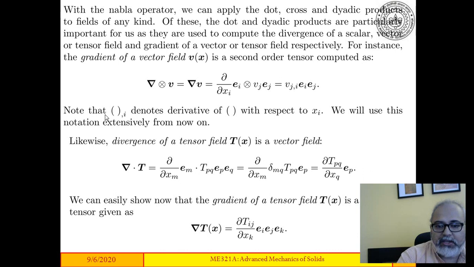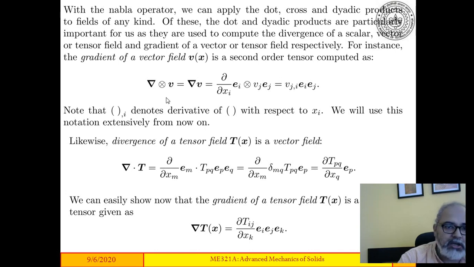We can carry on like this. We have got divergence, and we can get the gradient of a tensor field in the same way. The gradient of a second order tensor would be a third order tensor whose components are T_ij,k.